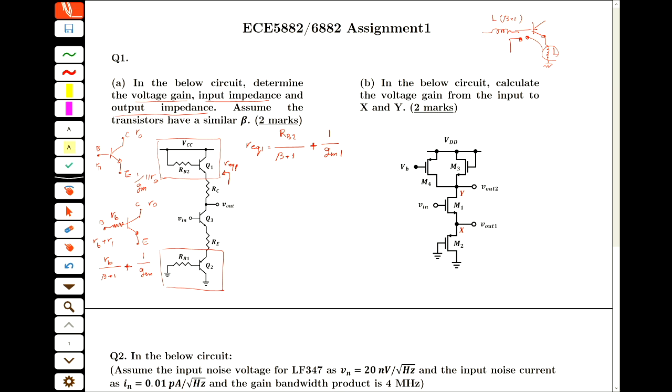The GM1, GM2 and GM3 are not equal. They are different because the biasing conditions could be different. The IC of this, because of the current coming from this side and this side, even if you assume they are the same, it's fine, but you should consider that they are not the same. Always they are not the same.